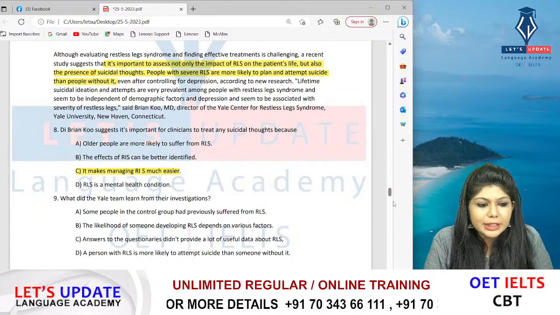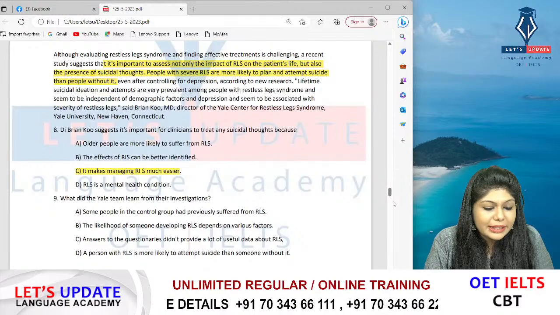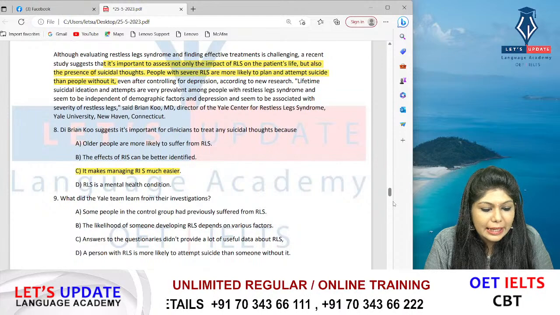Okay, so I'm going to read this paragraph. Yeah, it's already read, right? So what do you think is the correct answer?